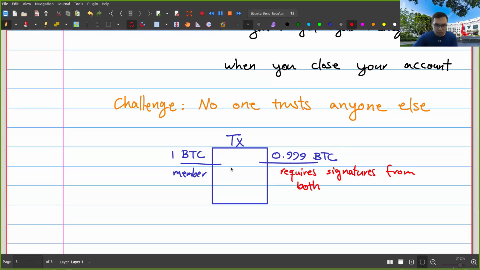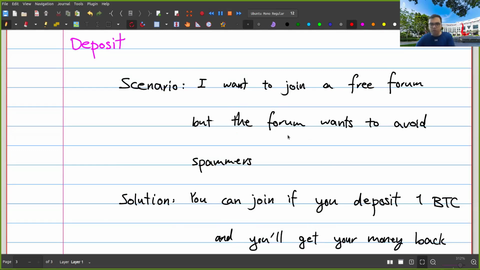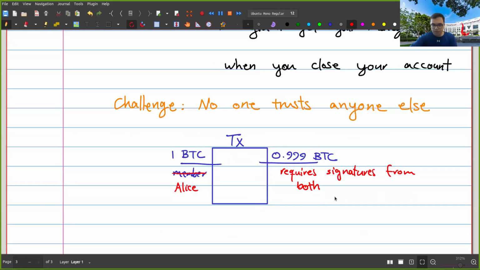Okay, let me call the member Alice, and let me call the website Bob. So the forum is called Bob. So this requires a signature from both Alice and Bob. And that's it. This is the deposit.